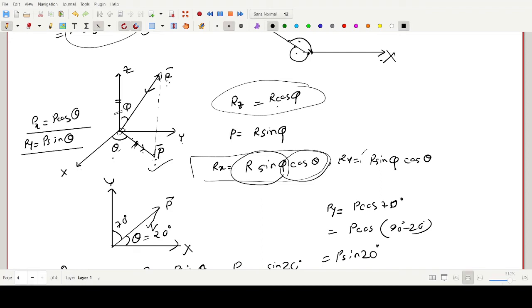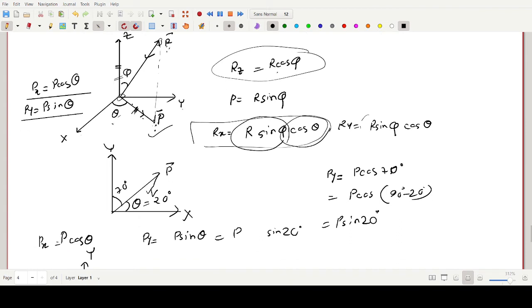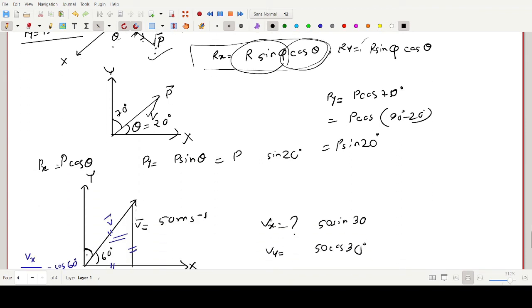Okay, so actually in our exams we do not usually give questions to calculate the components of 3D vectors, but if the question is given, I think you will be able to solve it.